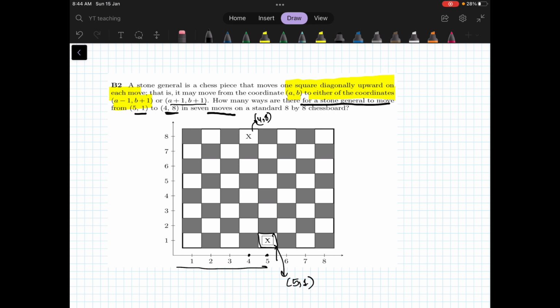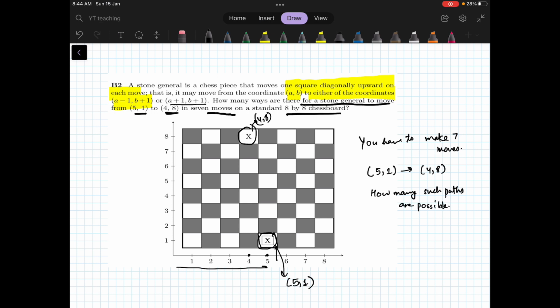So you have to go from this position to this position in 7 moves, on a standard 8 by 8 chessboard. So you have to make 7 moves, and you have to tell how many such paths are possible.